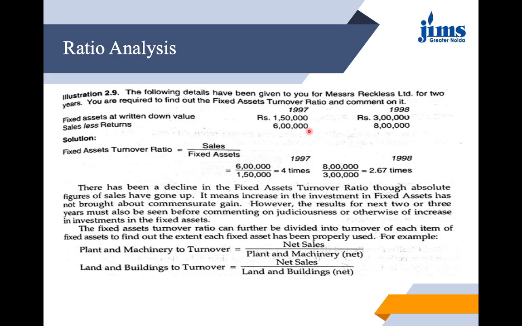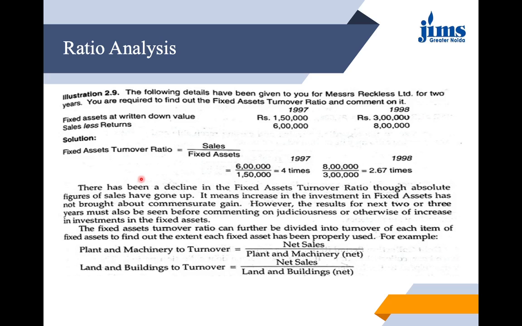Though if you see the absolute value of sales had increased, it was 6 lakh in 1997, whereas it increased to 8 lakh in 1998. But why is the ratio declining? Because the amount of assets has gone double in 1998. So there has been a decline in fixed assets turnover ratio, though the absolute figures of the sales have gone up.